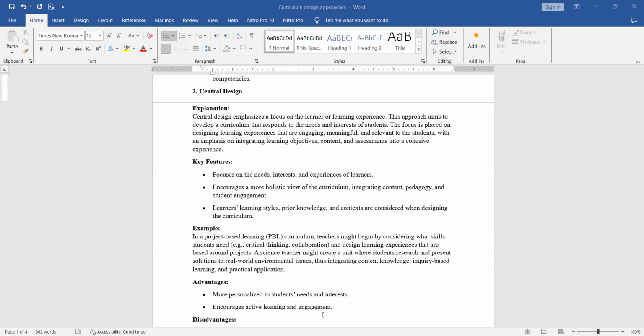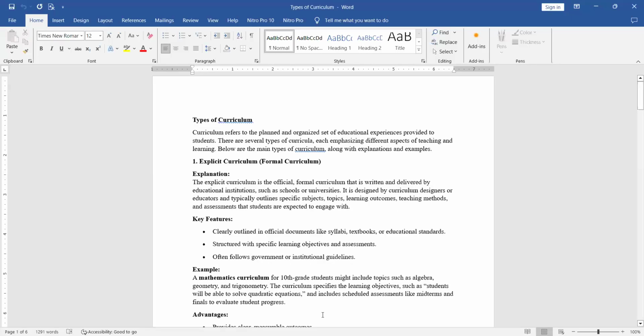Right, we'll see. Types of curriculum. Curriculum refers to the planned and organized set of educational experiences provided to students. We all know that because we looked at definitions of curriculum and the keywords in a definition of curriculum. So we learned it as a planned and organized set of educational experiences.